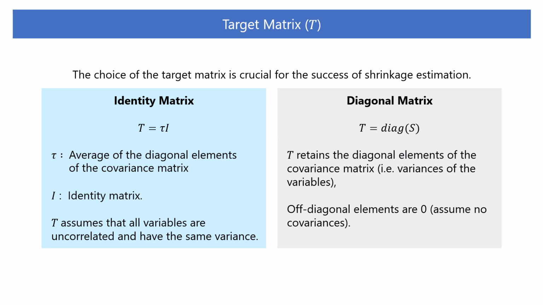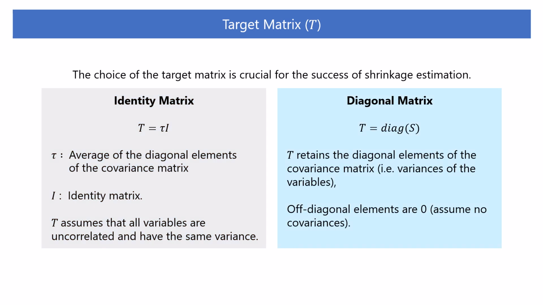Here, tau is the average of the diagonal elements of the covariance matrix, and I is the identity matrix. This target matrix assumes that all variables are uncorrelated and have the same variance. It is simple, stable, and works well when little information about the covariance structure is available.